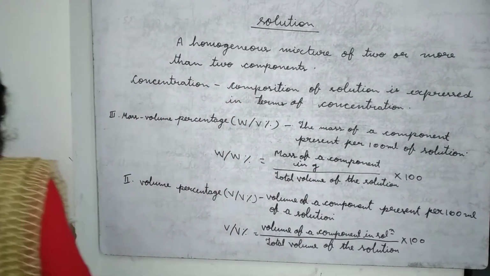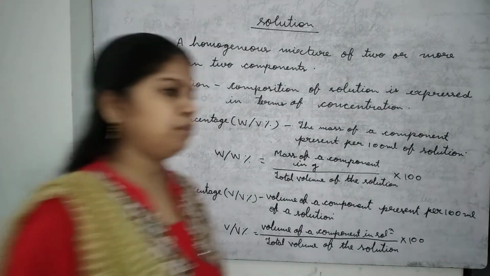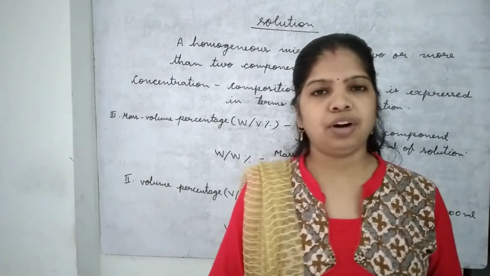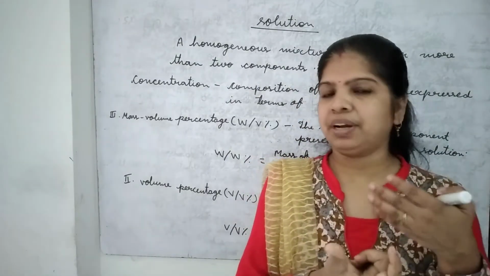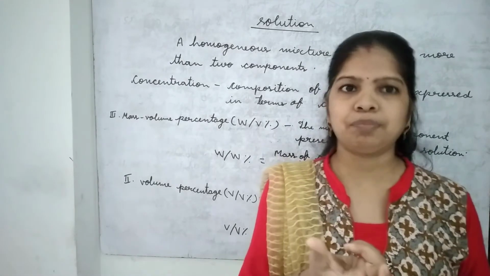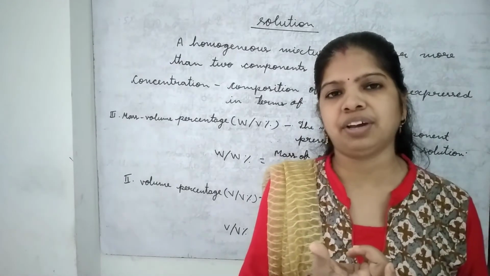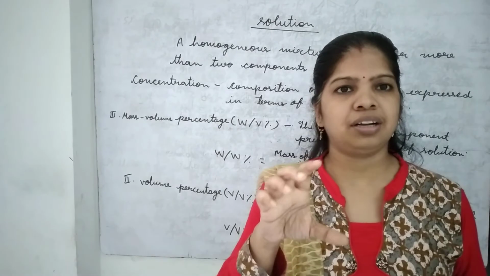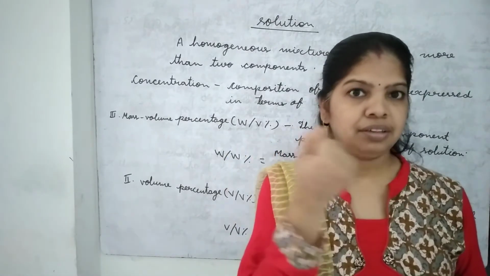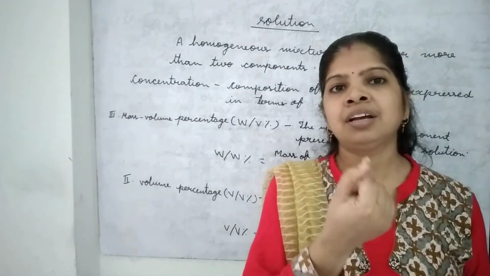Now let me give one example. Normally pediatricians give such types of medicines. One component, the medicine, is given in powdered form, and a particular mass of that medicine is given, and with that distilled water is also provided with a mark. Till the mark we are preparing solution.